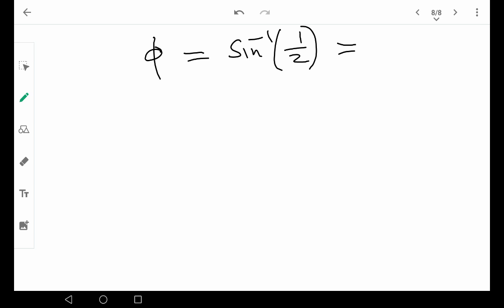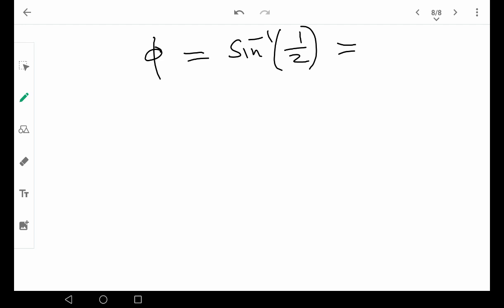I will just see it from my calculator. Sine inverse 0.5 is 30 degree.